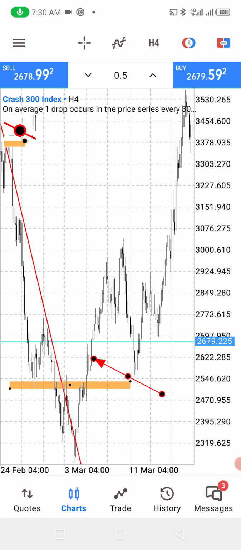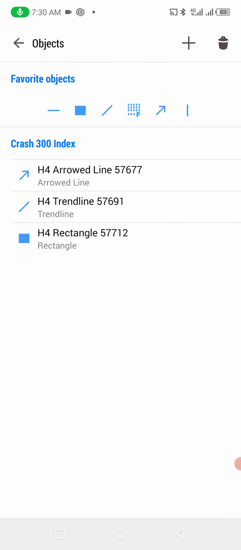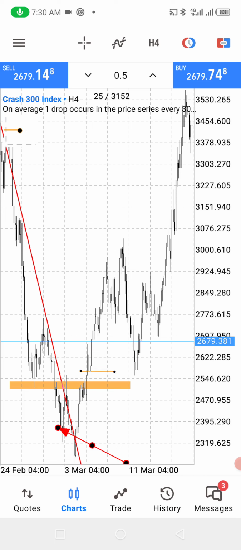You look for a strong resistance along the uptrend. An example of strong resistance is this. A resistance is where buyers pick up after a retracement. So this is a resistance point.